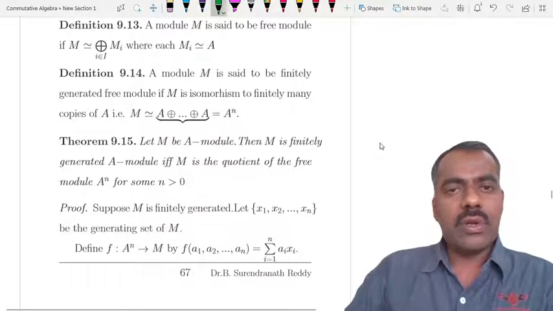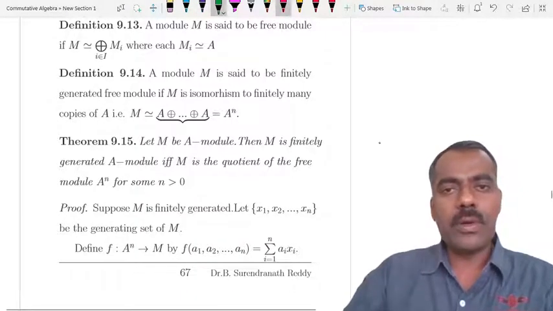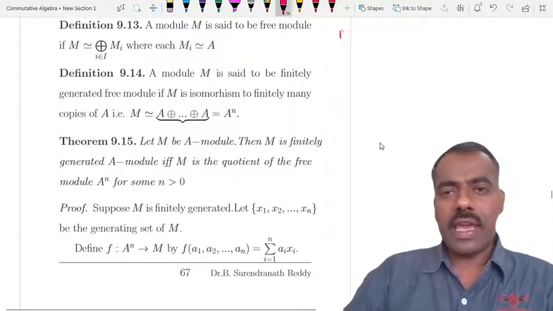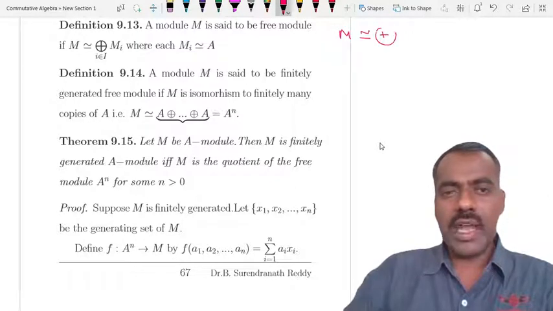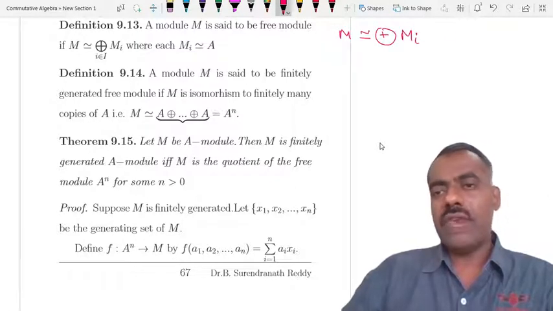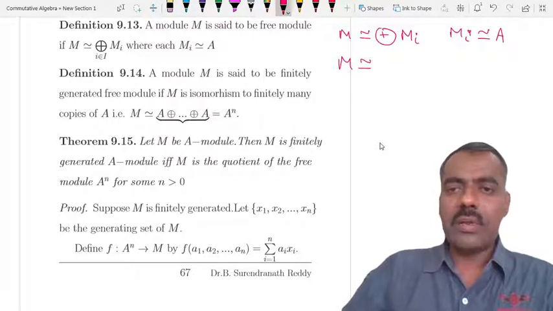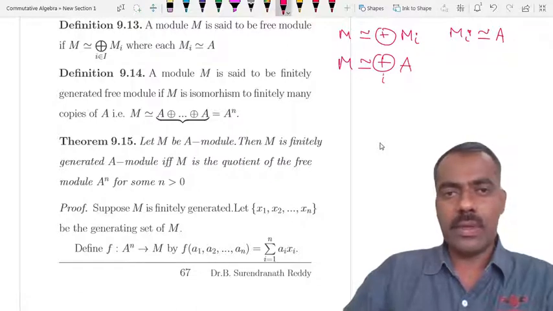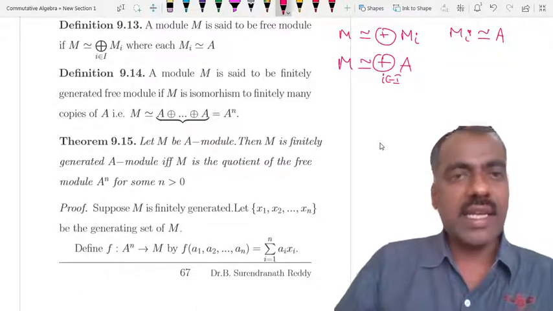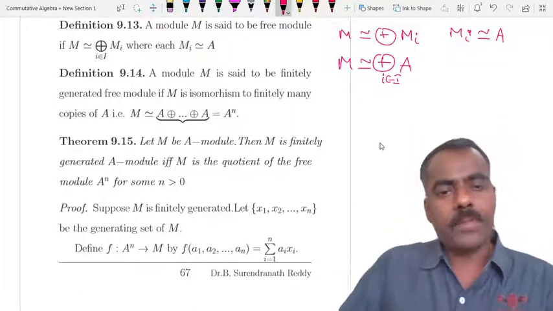We say that a module M is said to be a free module if M is isomorphic to the direct sum of Mi's, where each Mi is actually a copy of A. That means if you can write M as a direct sum of copies of A, where I is an indexing set, then we say that it is a free module.